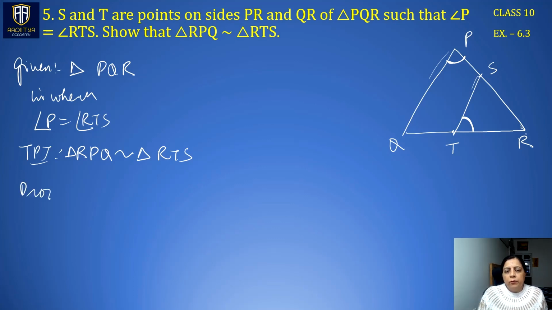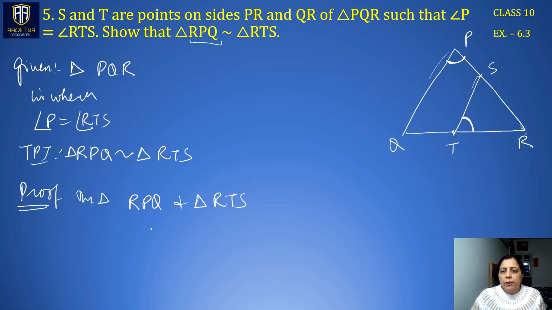So what we have to look for? Only one angle is given equal to another angle. We have to look for one more angle so that these two triangles become similar. So in triangle, I'm taking this whole triangle. What we have to prove? In triangle RPQ and triangle RTS.